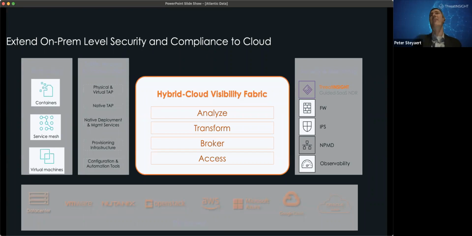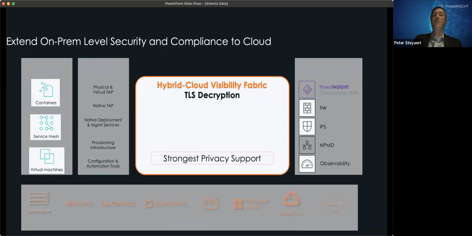Providing threat insight, that feed of information, looking at sending the information to the firewalls, the IDSs, the IPSs, providing observability, whether that's coming from on-prem, a public cloud offering, a hybrid cloud offering, or anything in between. Having that one button to push and manage it from a single point is crucial.